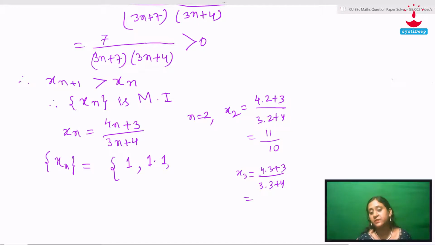That means 12 plus 3, 15, divided by 3 3s are 9, 9 plus 4, 13. It will be 15 by 13. Like this. Okay.